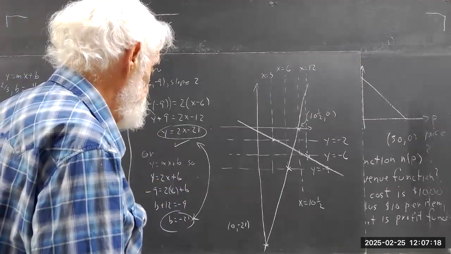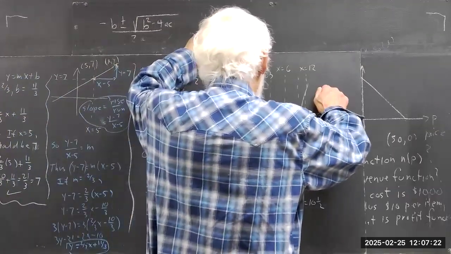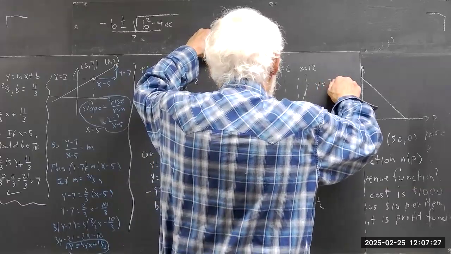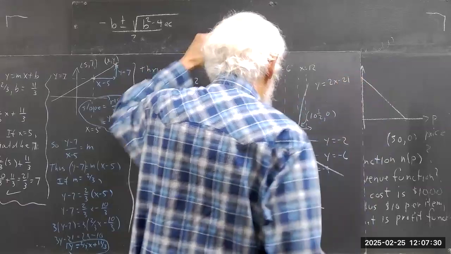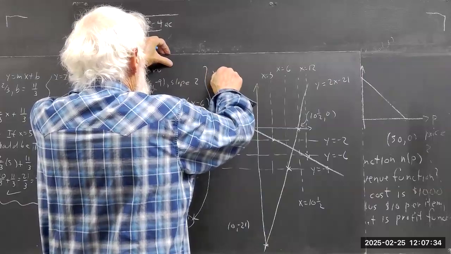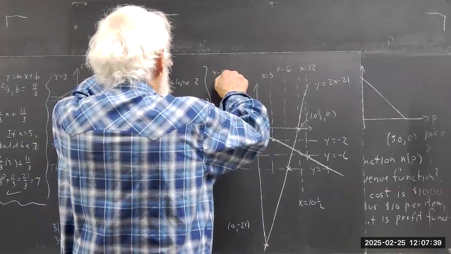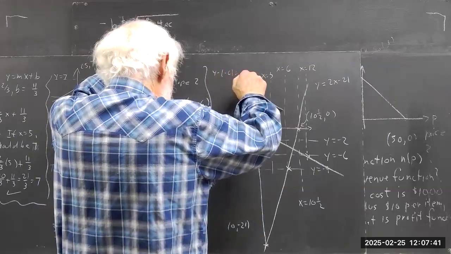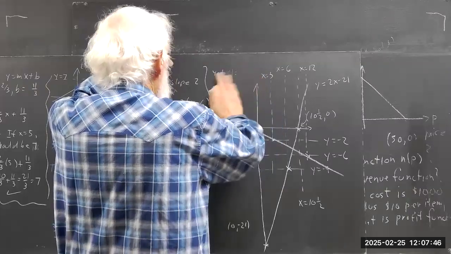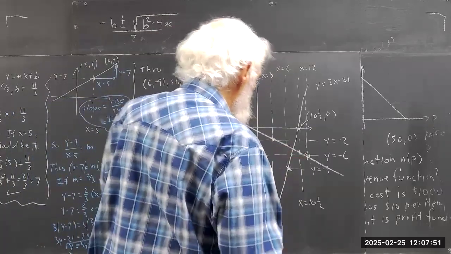What's the equation of the line? Well, this equation is y equals 2x minus 21. This one, I'm just going to scratch down here, is y minus -6... I have to do something else first. I've got to find the slope of this line.